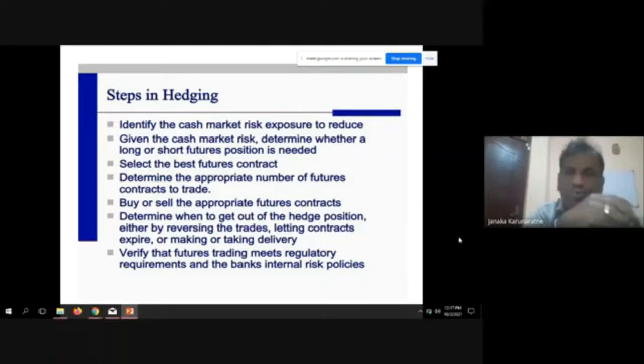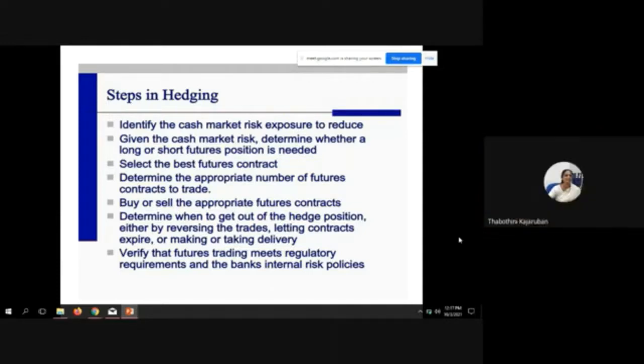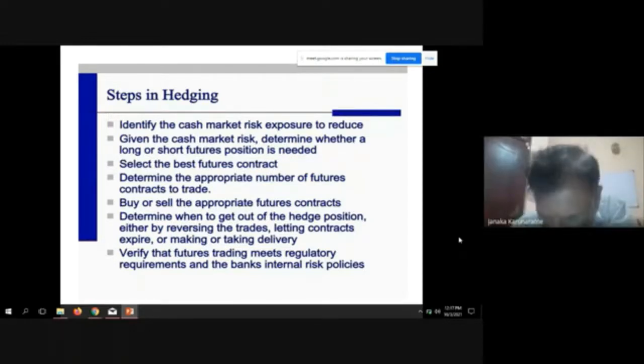What is the risk to you? Very simple. What is the risk to you? If the interest rate increases, they tend to... Yeah, interest rate increases.